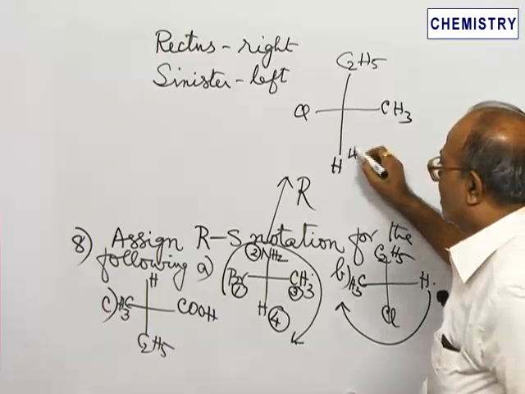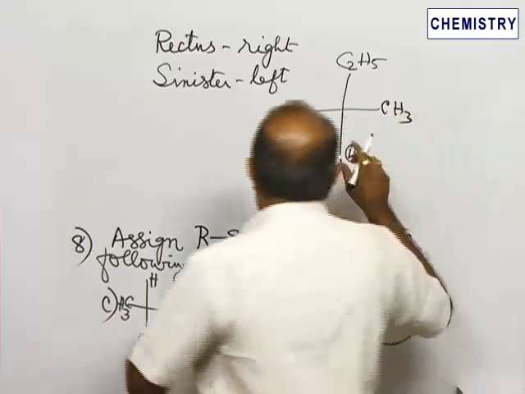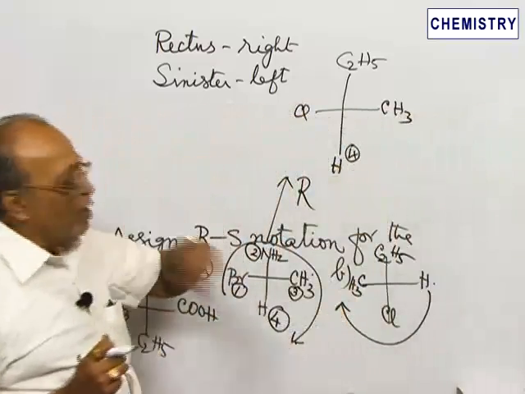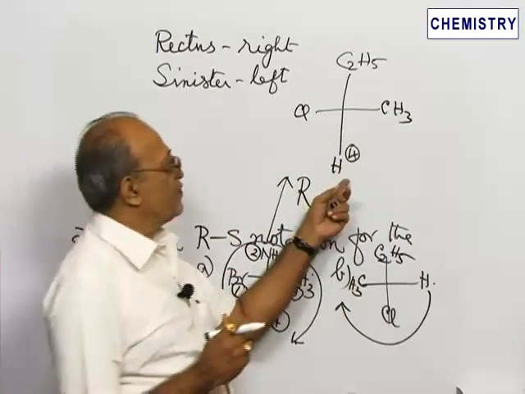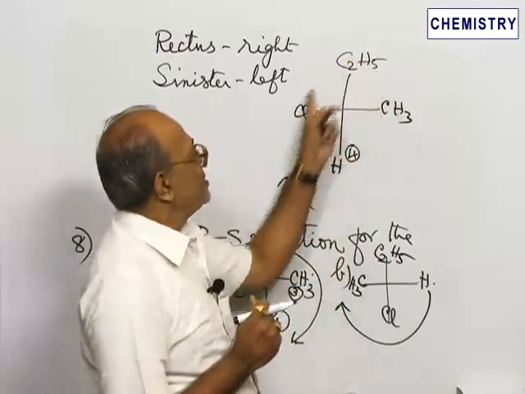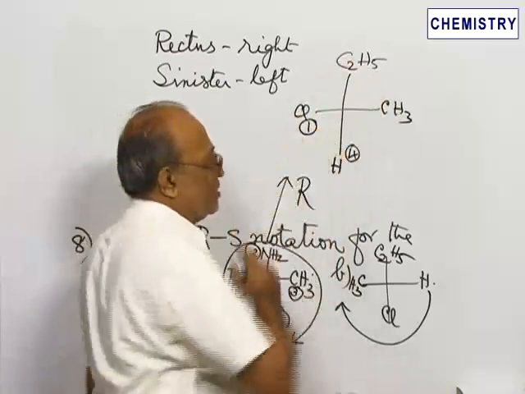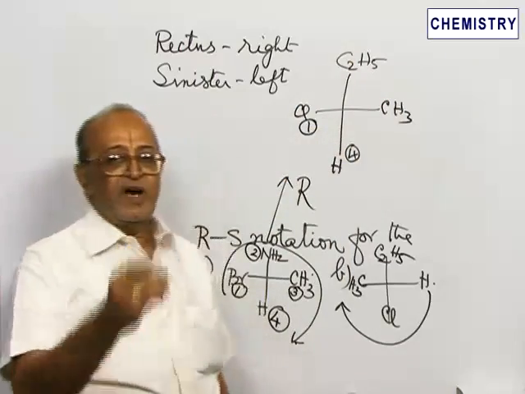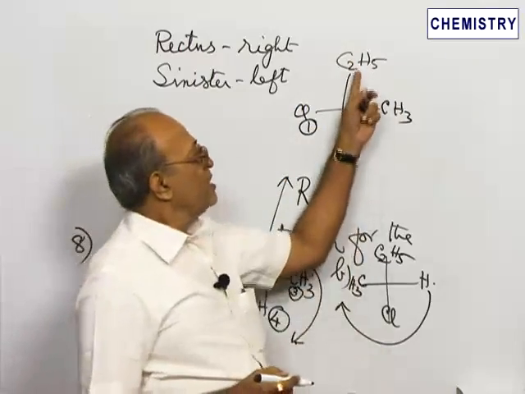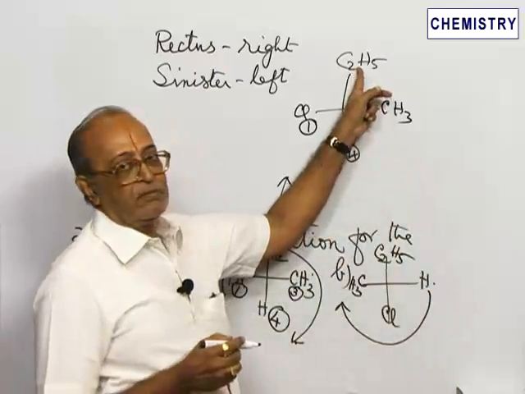Now again, according to the priority rule, the lowest priority order is for hydrogen. Then, of these three, chlorine will have the first priority because of higher atomic number. Consider these two. Here also carbon, here also carbon.